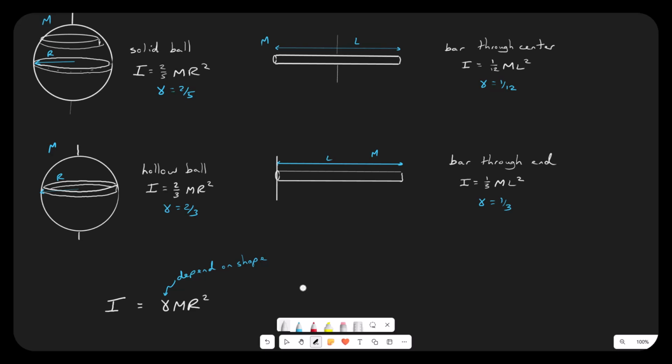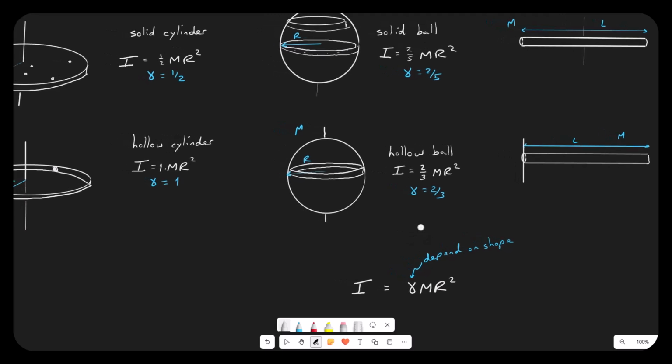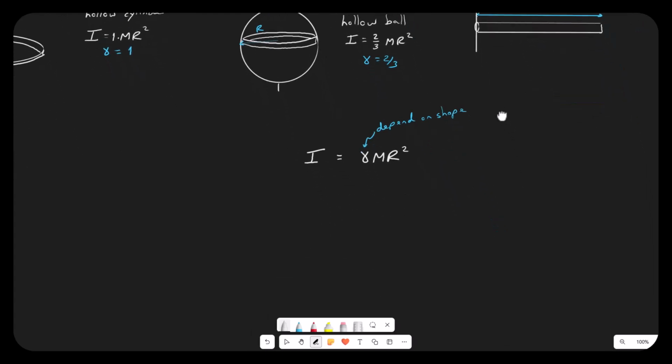For a hollow cylinder, which is the easy one to see, all of my mass is 100% of the distance from the axis, so my gamma comes out to be 1. For a solid cylinder, it's like a halfway point, so I get a half. For a solid ball, 40%. It's not exactly correct, but it's close, and it's a good way to think of it.